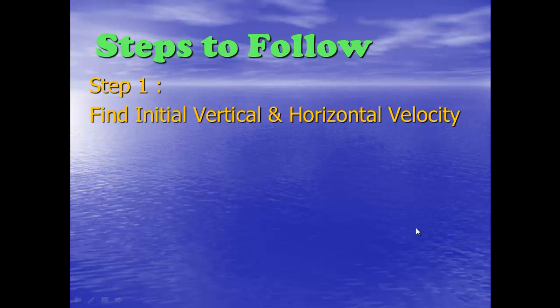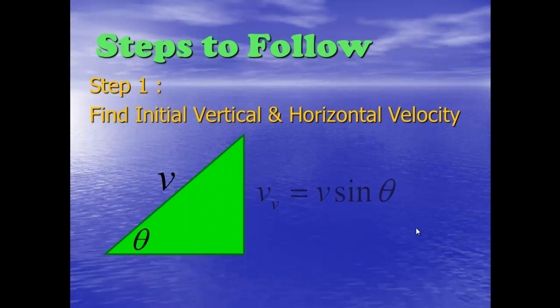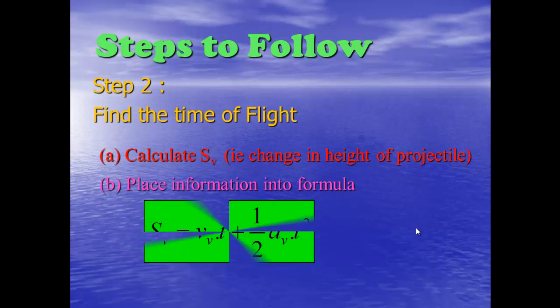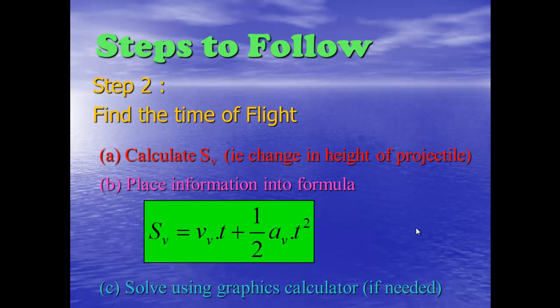The steps that you'll need to go through: we certainly need to find the initial vertical and horizontal velocity. So we break that into a right angle triangle, and we use V sine theta and V cosine theta, and that's pretty straightforward. So easy marks in a test. The second thing we need to do is find the time of flight. So we substitute into the SV formula. If we're going above ground, going upwards, then our SV will be positive.